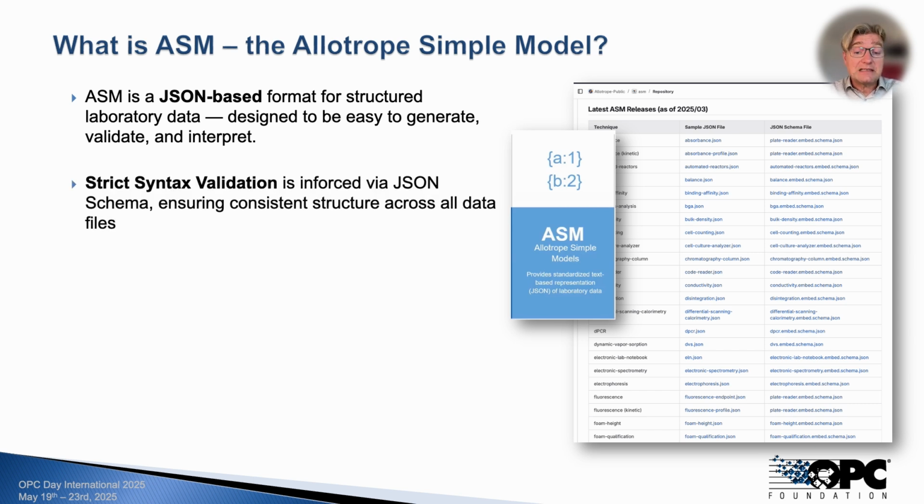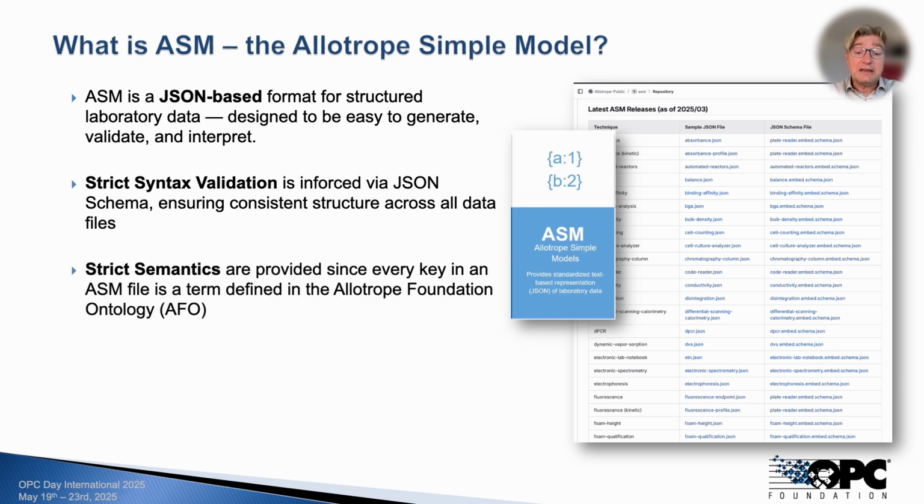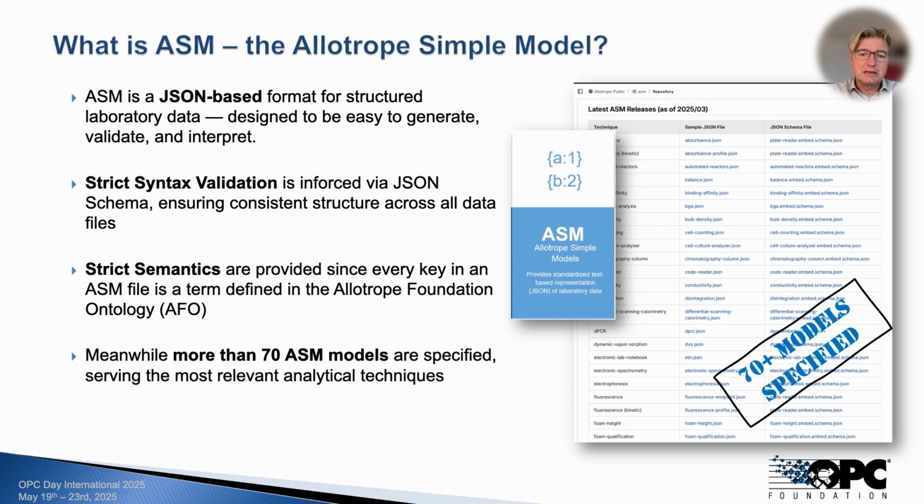What makes ASM especially powerful is that it enforces both strict syntax, using JSON schema, which ensures each model follows a defined structure, and strict semantics, because every key in an ASM file is tied directly to a term in the Allotrope Foundation Ontology. This ensures not only consistency in structure, but also shared meaning across systems, teams, and organizations.